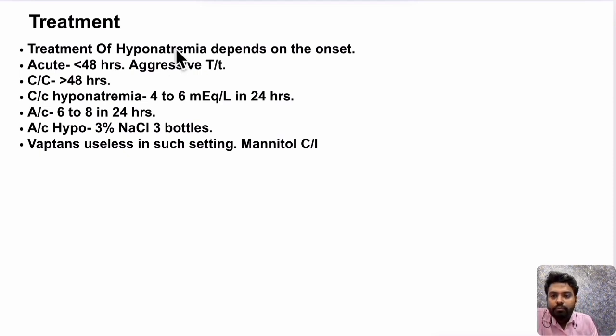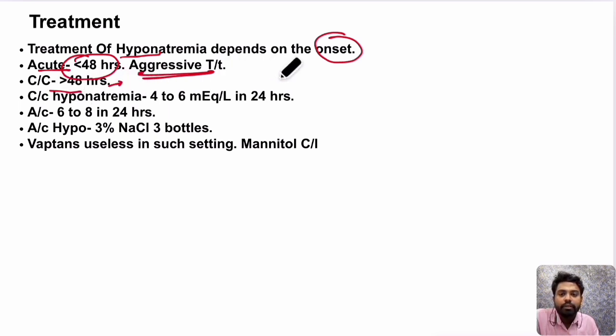Treatment of hyponatremia actually depends on the onset. If it is acute hyponatremia, that is less than 48 hours, then we should do aggressive treatment. Chronic hyponatremia, more than 48 hours, we should be a little bit conservative.